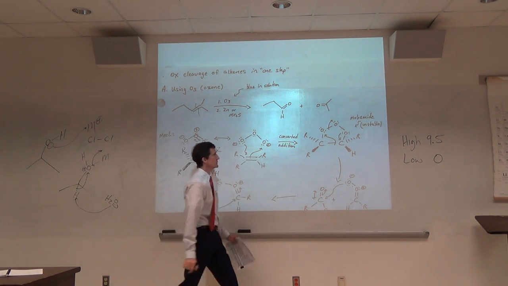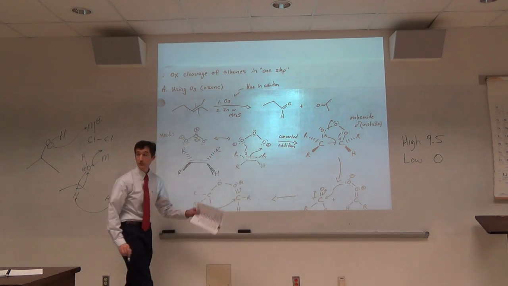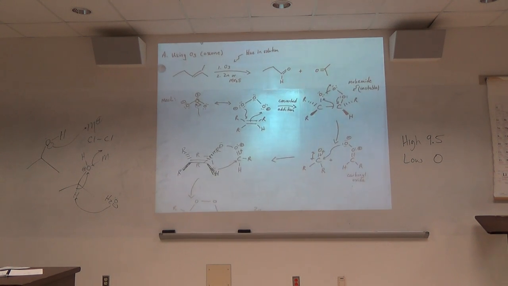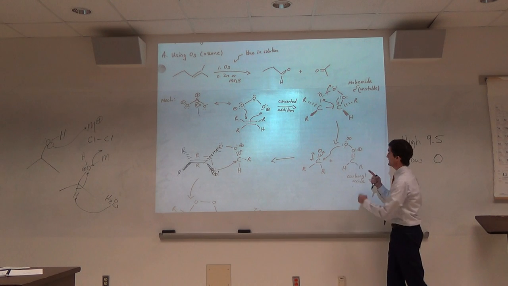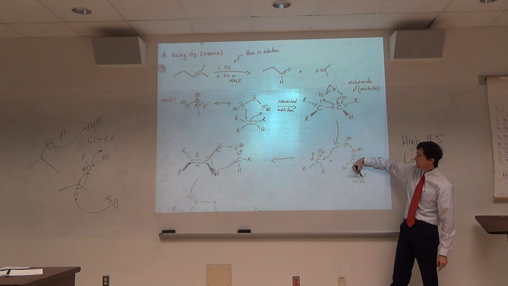It will rearrange according to this arrow movement, sort of like we saw before with osmium. That arrow movement gives these two. Both are carbonyl compounds, but this has an oxygen on it, that's a carbonyl oxide. A little bit convoluted here.